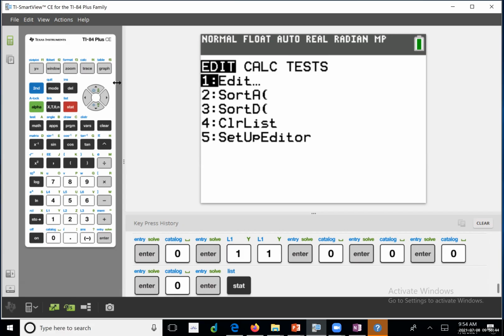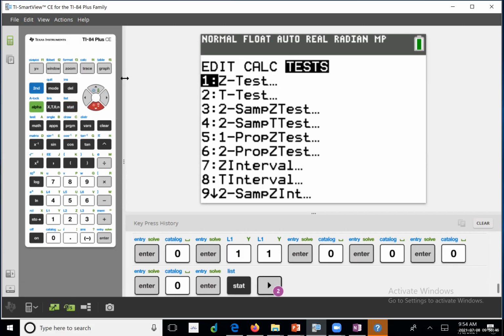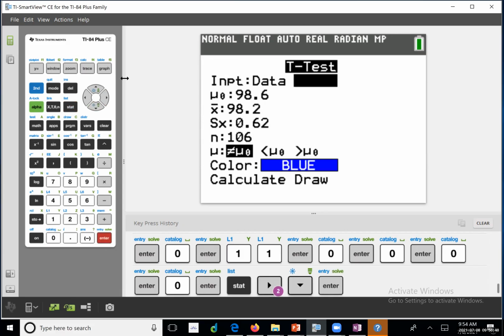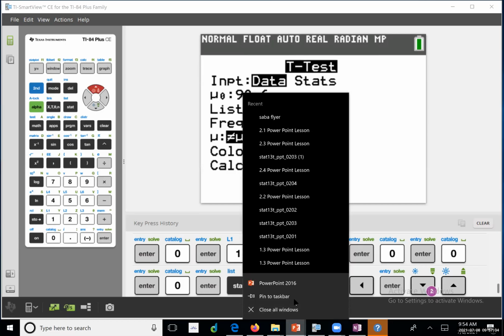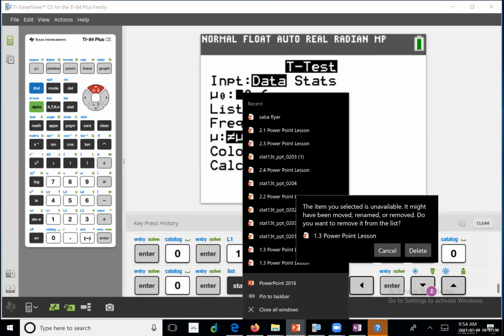Okay, you go to stat, test, t-test. You go to data, because you put it in L1. And then for mu naught, you put whatever was your claim here.